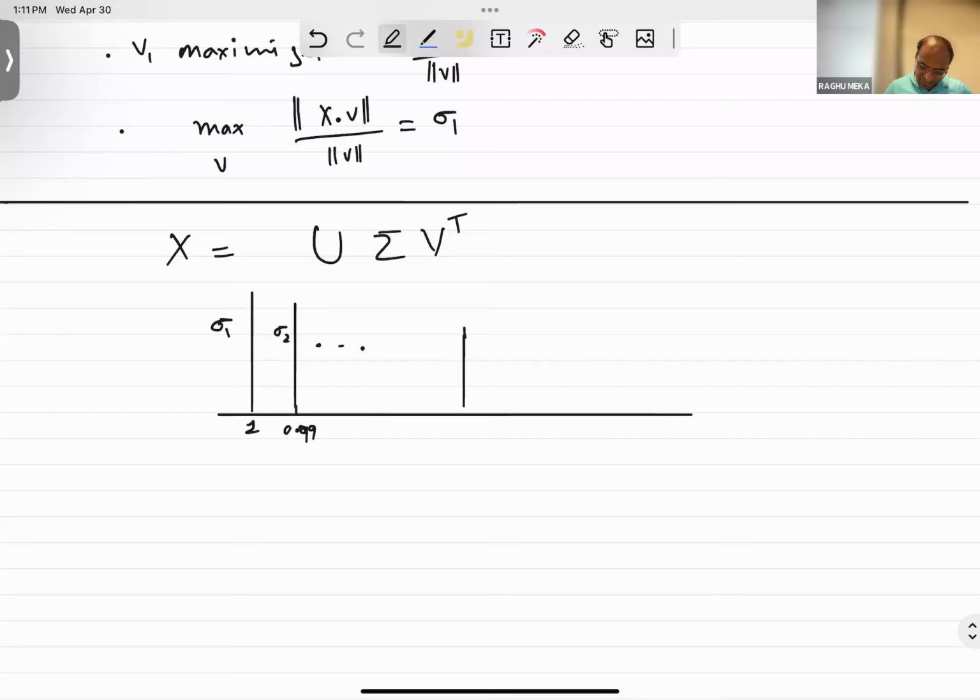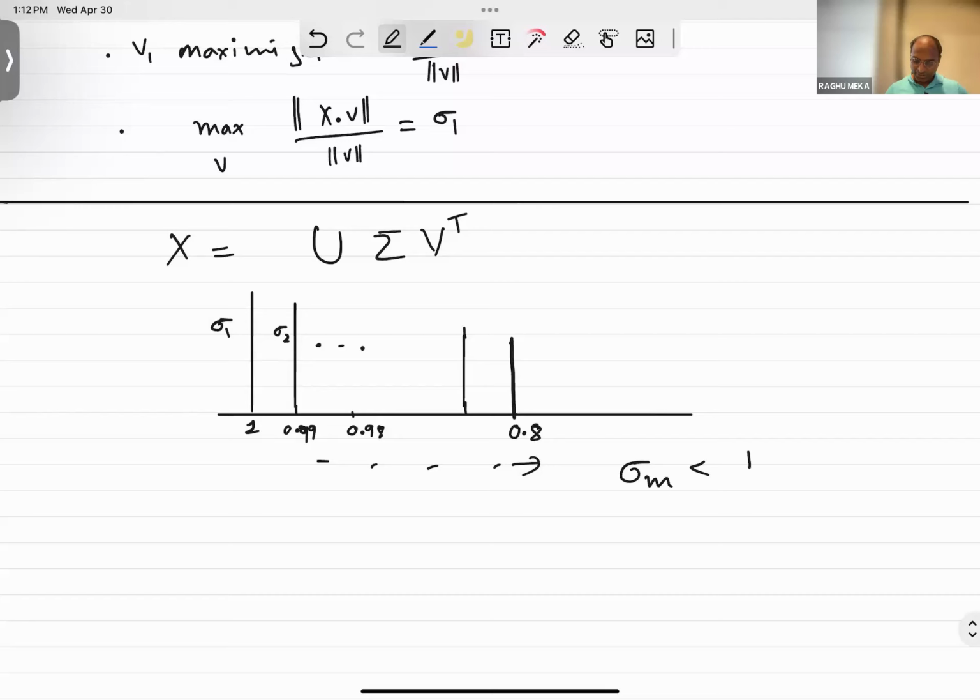The claim that we can make is: keep going until you find a sigma which is noticeably smaller than the first one. So this is 0.99, maybe the next one is 0.98, but at some point you drop to 0.8. Let's say that's the first time that happened.